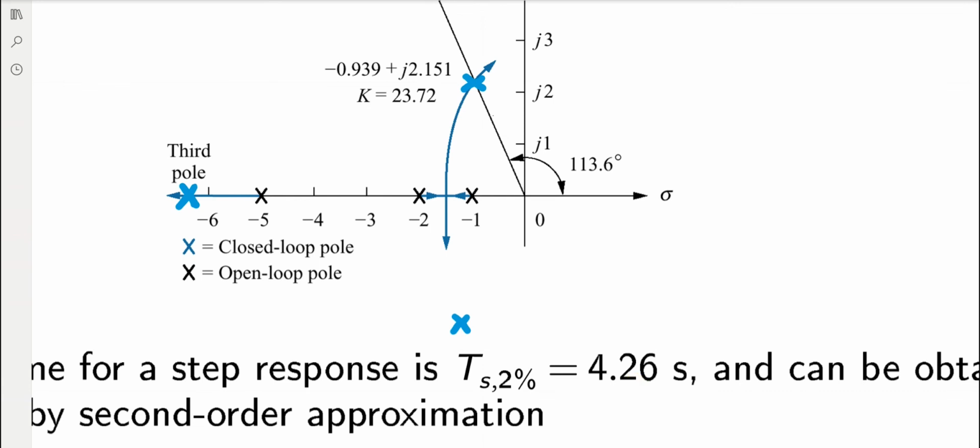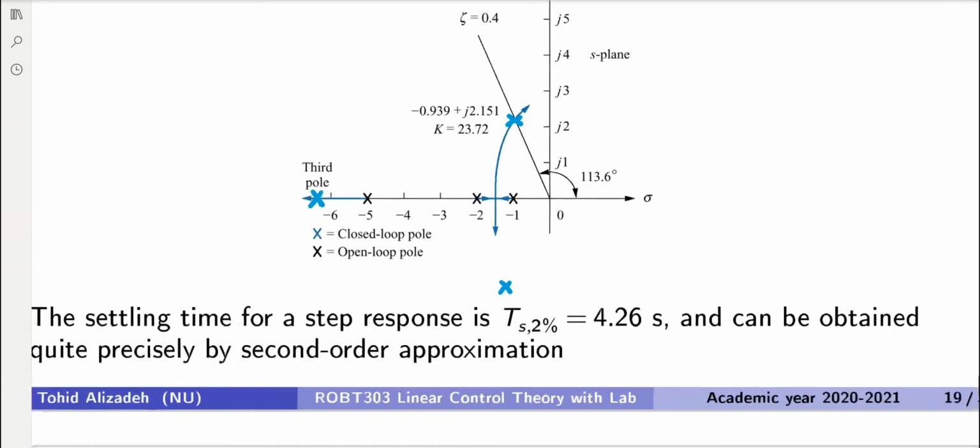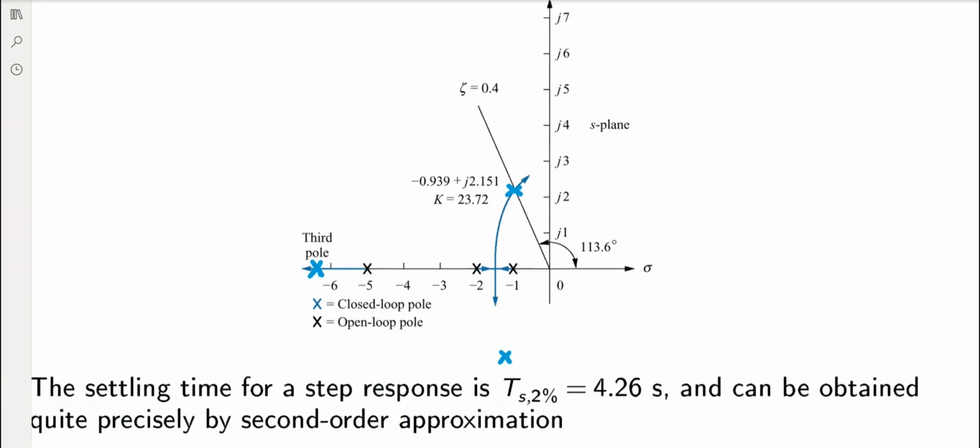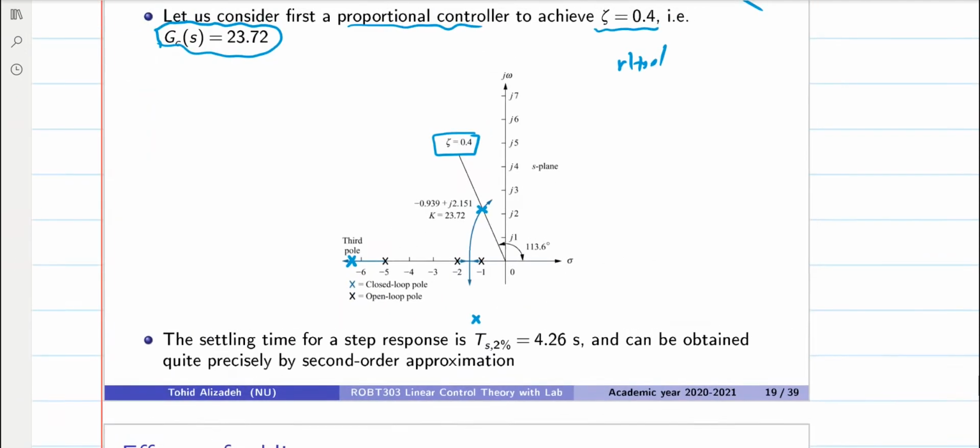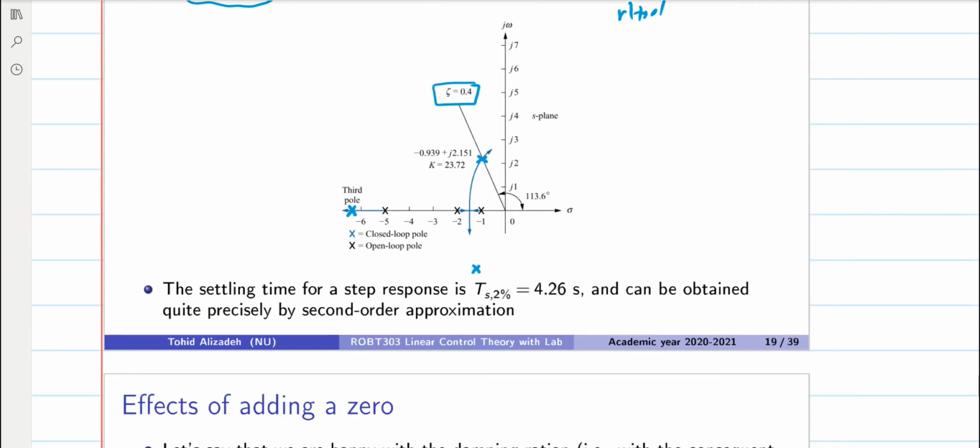For the dominant pair of poles, we will have zeta equal to 0.4, which is what we are looking for. Okay. Now for this system with this proportional controller, the settling time for the step response is equal to 4.26 seconds.